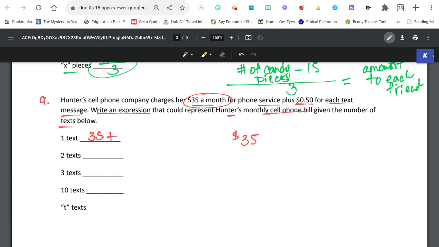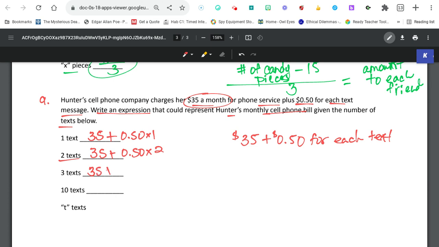So he pays $35 off the top. Plus, he pays 50 cents for each text. So that's 50 cents for the one text, so that's $35.50. For 2 texts, he'll pay 50 cents twice, which is $1 plus the 35, so that's $36.